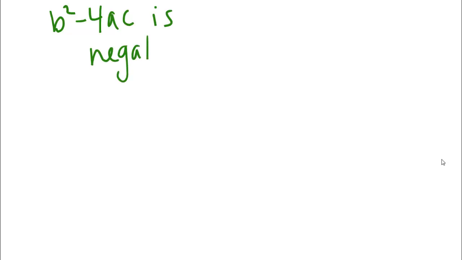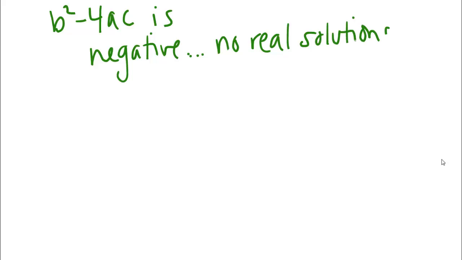So to summarize, if b squared minus 4ac, our discriminant, is negative, then we have no real solutions to our related quadratic equation. If it is 0, we only had one solution, and it's going to be rational.